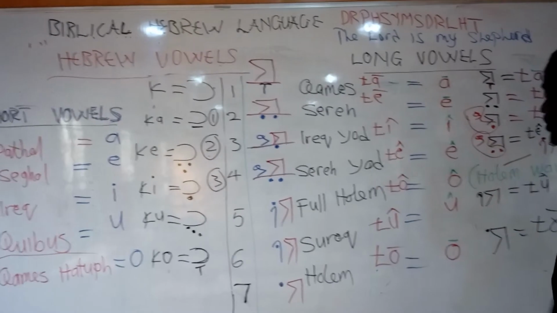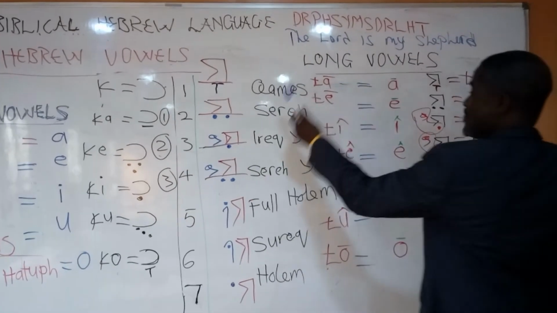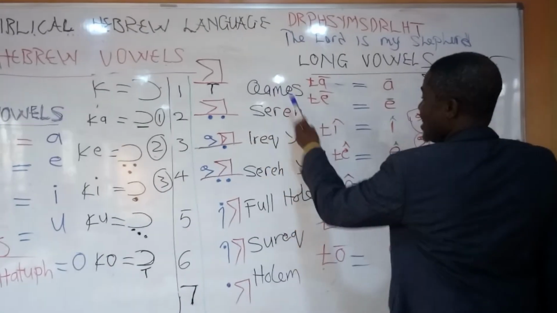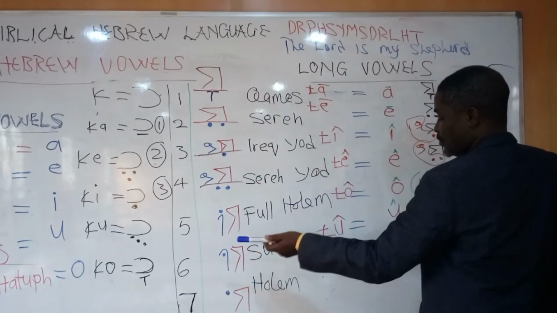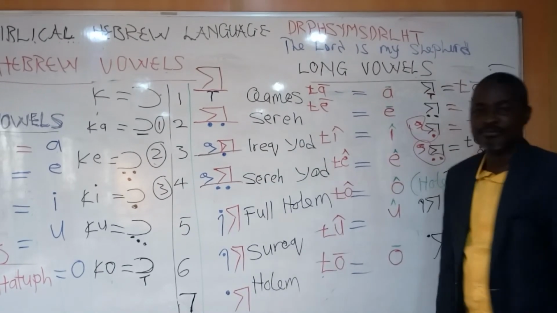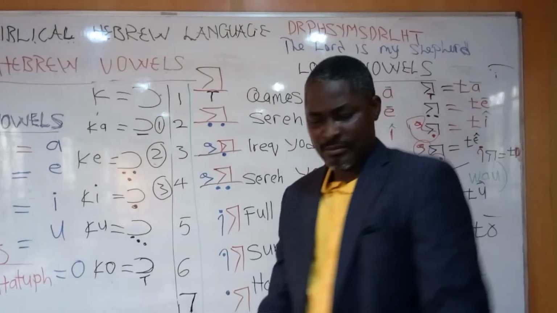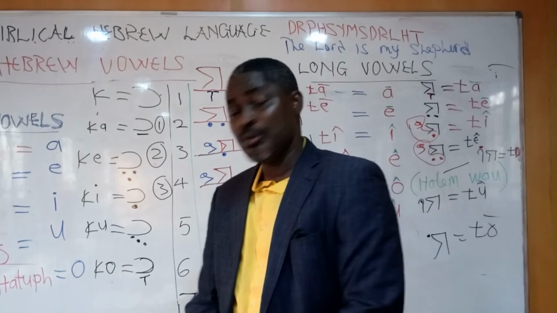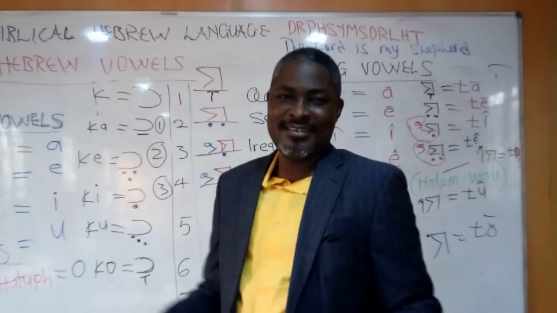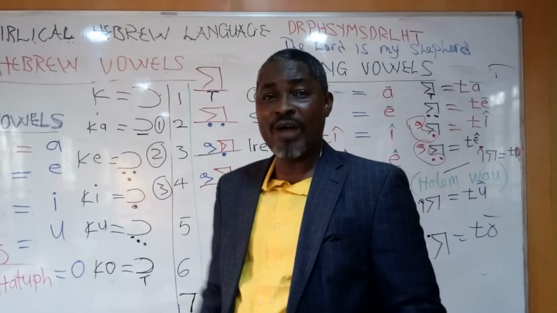Under long vowels, we have kames, sere, irekyod, sereyod, full olem, surek, and olem. Now, to be able to understand your Hebrew fully, all you need to do is take time to study over and over.